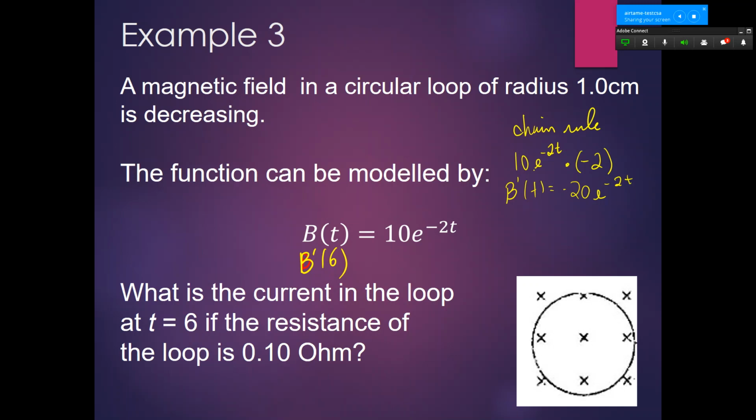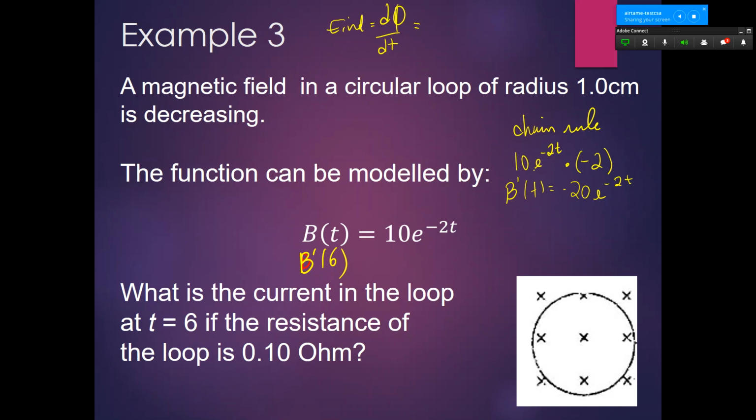When I derive with respect to time, what am I finding? The rate of change, exactly. Now I have my rate of change of magnetic field. That's perfect because that's exactly what I need, because I remember that E induced is the rate of change of my flux as a function of time, and that my flux is a product of my magnetic field.